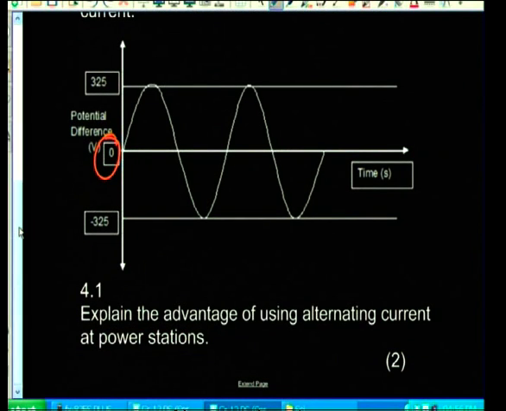Not a calculation. Explain the advantage of using alternating current at power stations. 2 marks. I need 2 things. This one's really important.